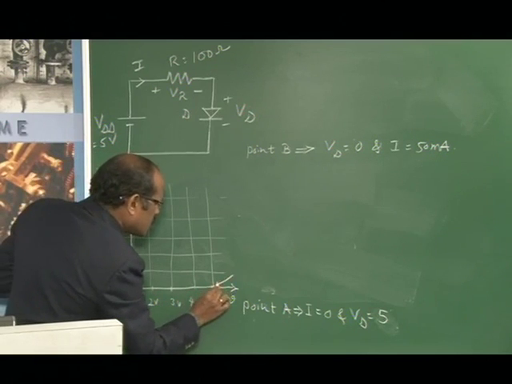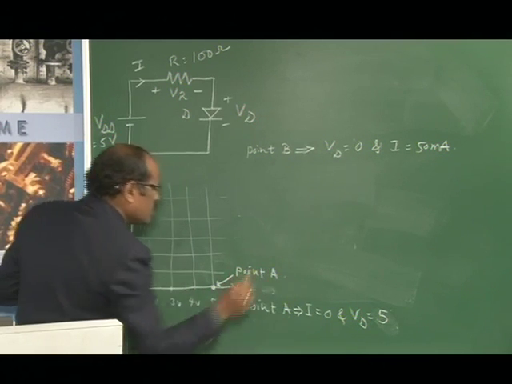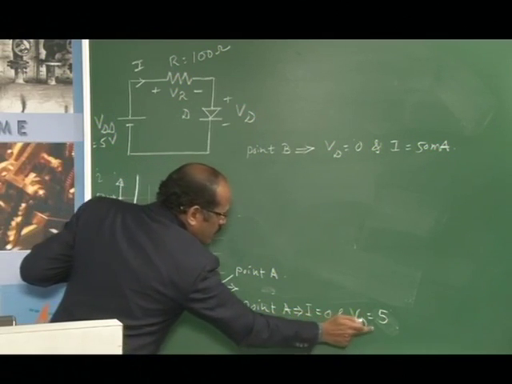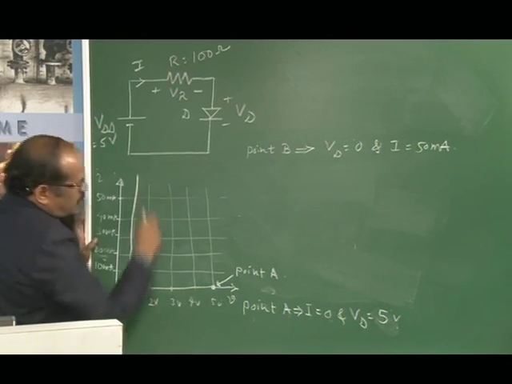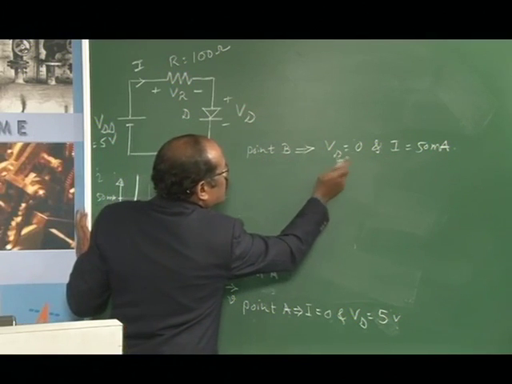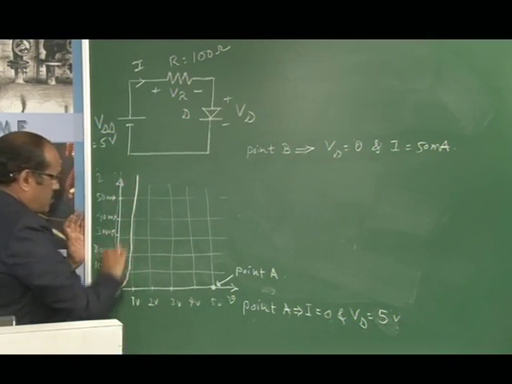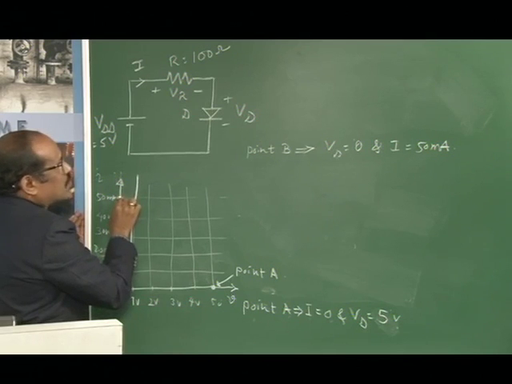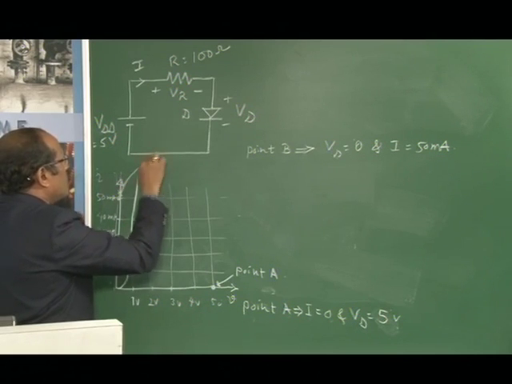This point we call point A. Point A represents the current I equal to 0 and VD equal to 5, the voltage drop across the diode is 5 volts here. Similarly, point B corresponds to VD equal to 0, which is this axis, so the point will be here. So this is called point B.